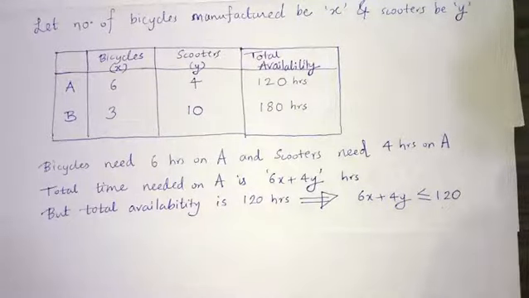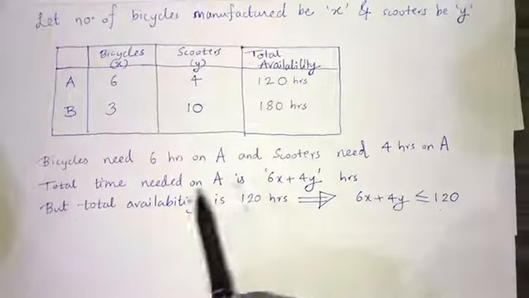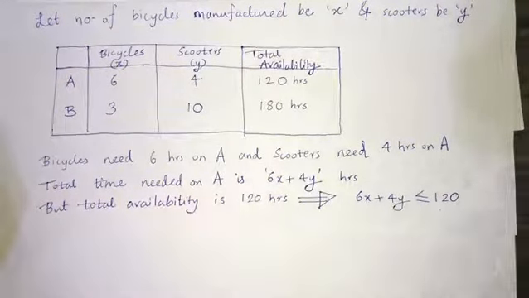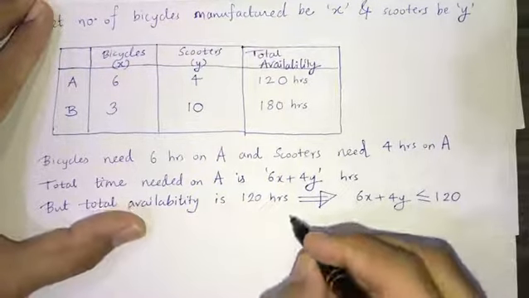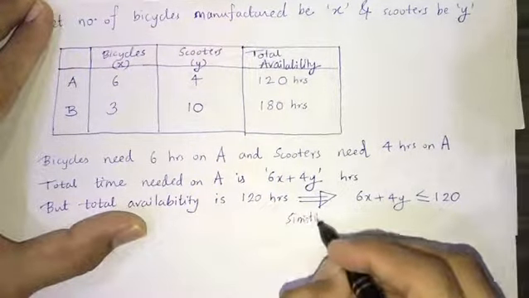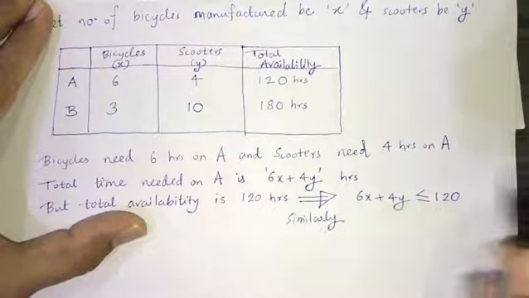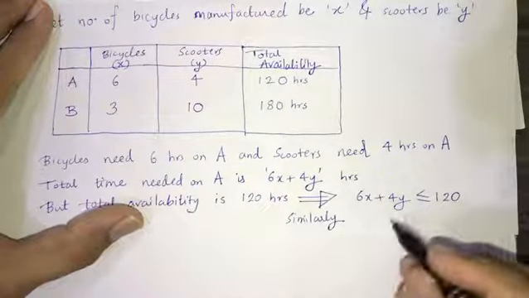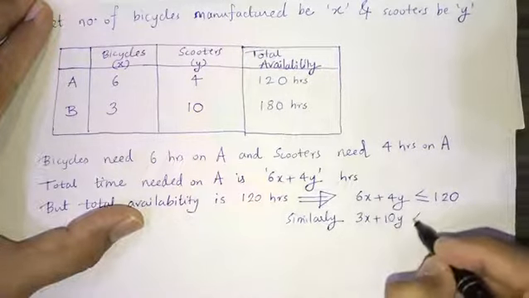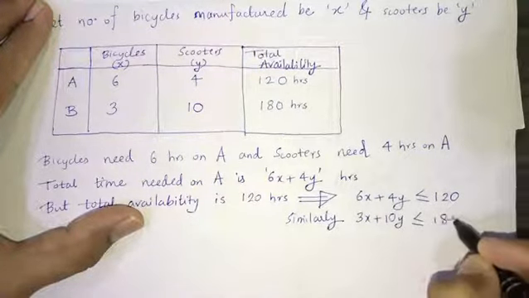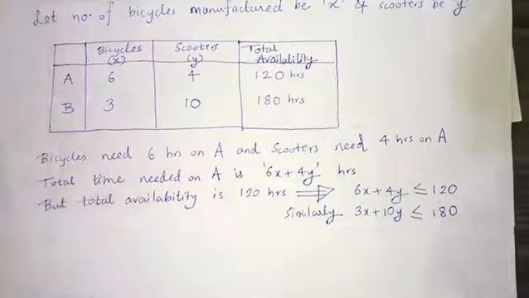Okay. Similarly, I'm not writing the statements like this for machine B, but you will know that for machine B there will also be a constraint. So similarly, you can say 3x plus 10y is less than or equal to 180.